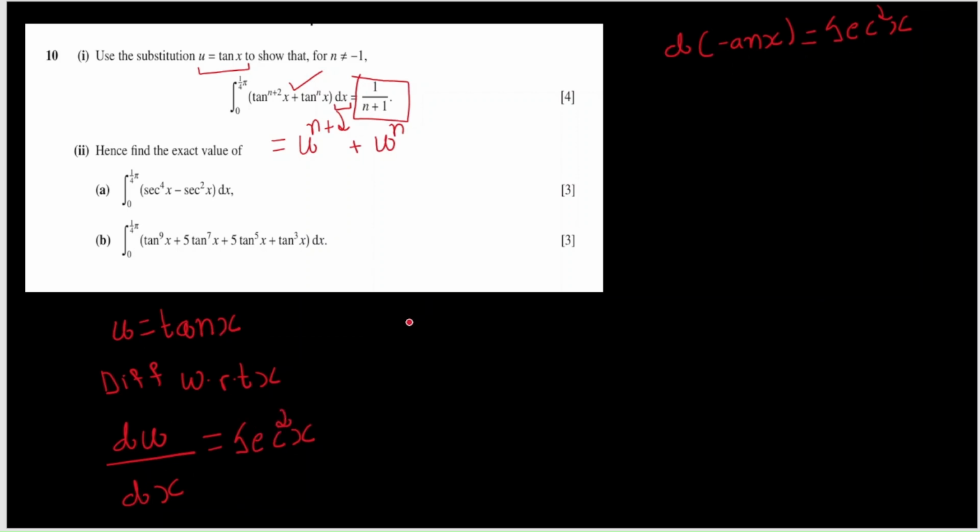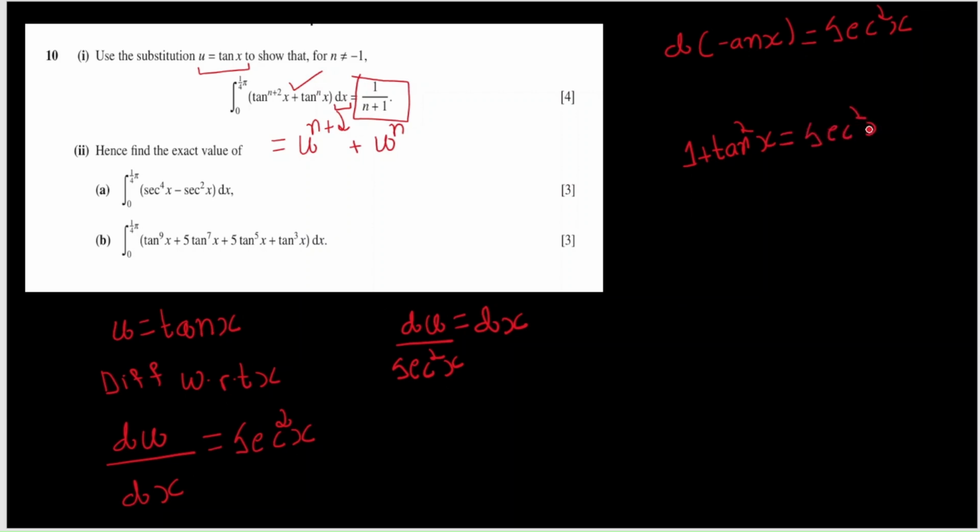Okay, now we know that du is equal to sec square x dx. Now one more thing, we also know that 1 plus tan square x is equal to sec square x. We know this from our trigonometry topic.